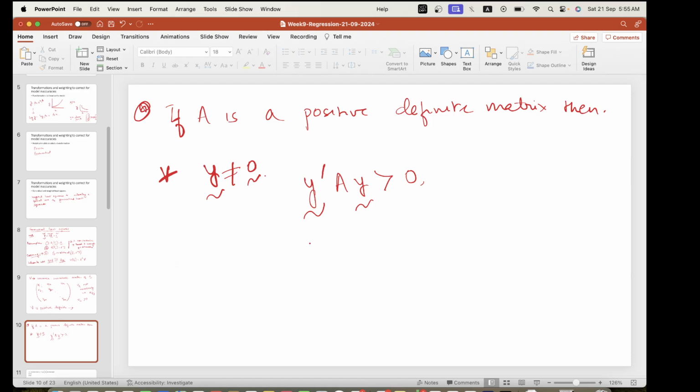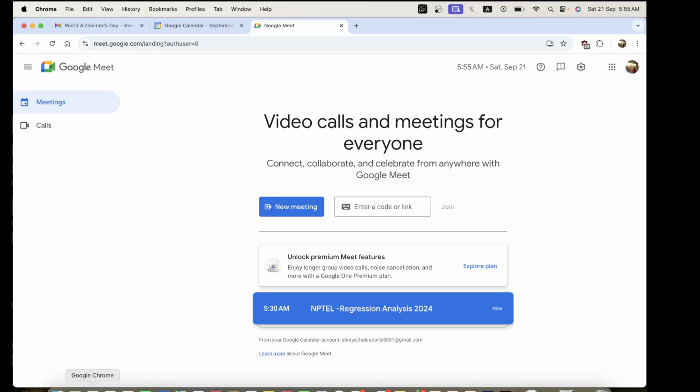So until and unless the y vector itself is 0, y transpose Ay is greater than 0.